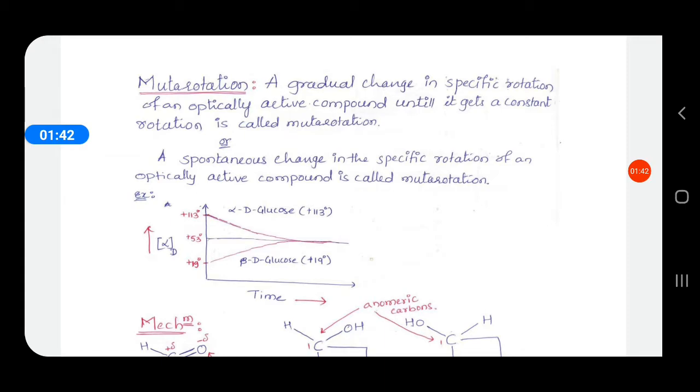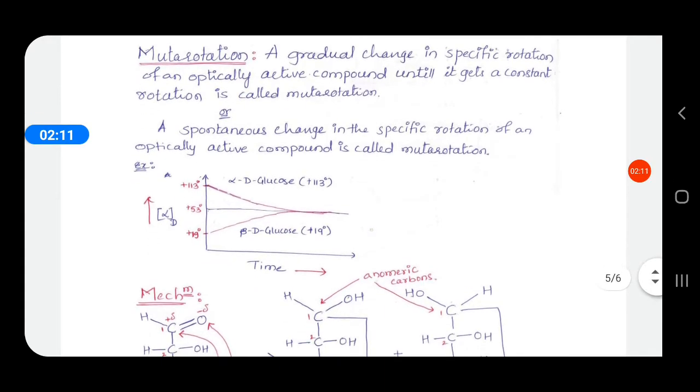Alpha D glucose's specific rotation goes on decreasing from plus 113 degrees and finally reaches plus 53 degrees, where it remains constant. Beta D glucose, when dissolved in water, its specific rotation goes on increasing, and finally reaches plus 53 degrees and remains constant.